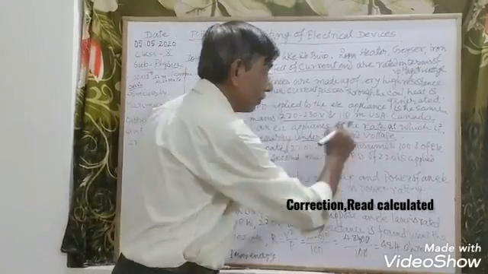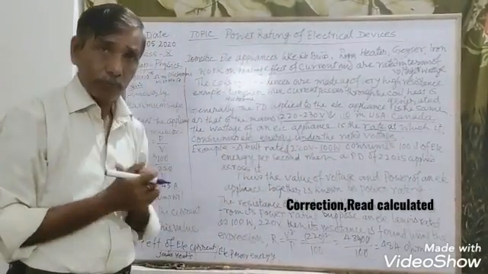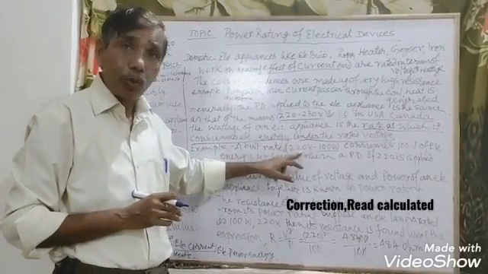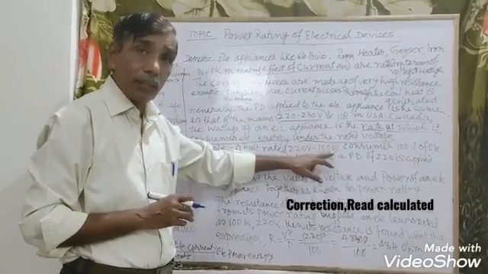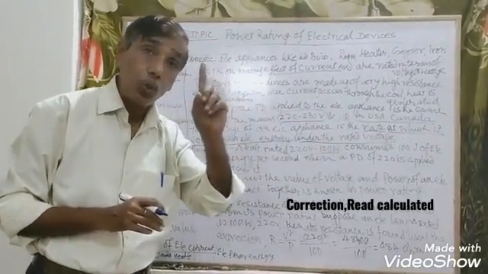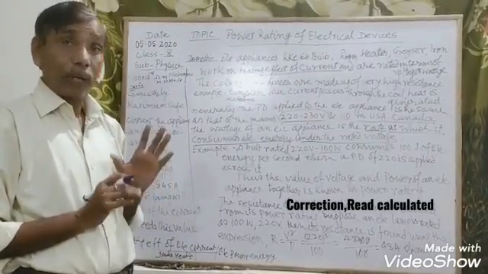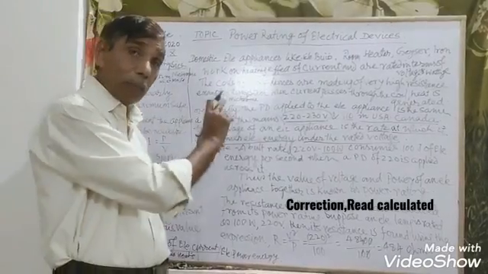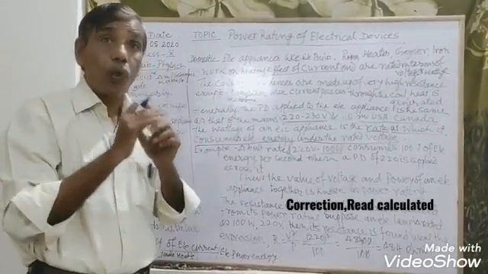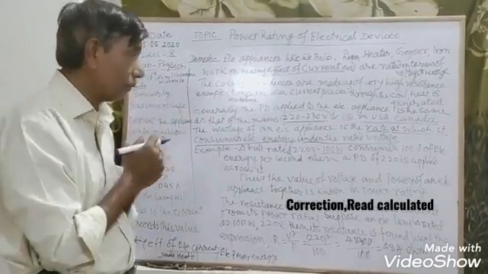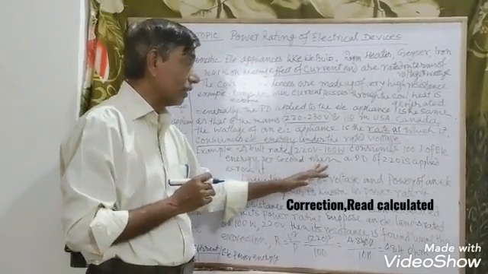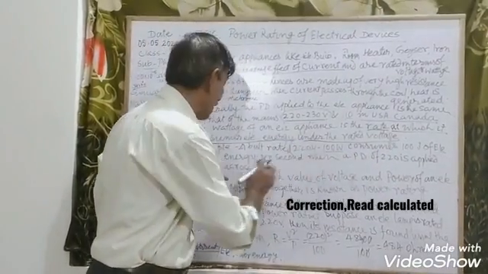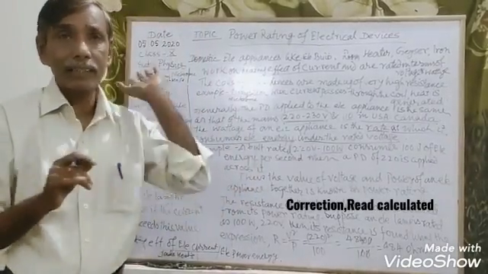This bulb, or any electrical device rated 220 V, 100 W, consumes 100 joule per second when a potential difference of 220 volt is applied across such an appliance.